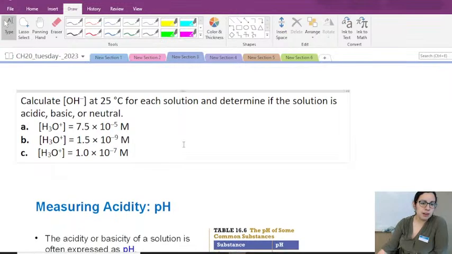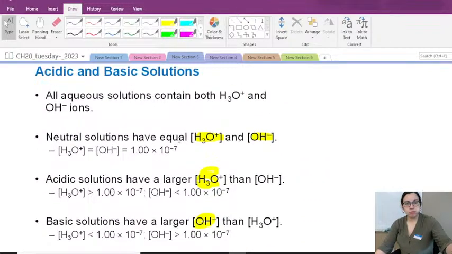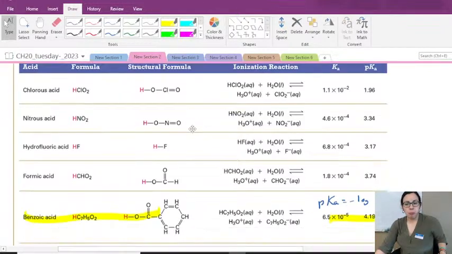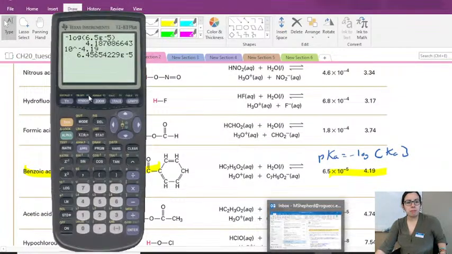Now take a minute or so and figure out whether these solutions are acidic, basic, or neutral, and calculate the hydroxide concentration. Go back to your math on the benzoic acid when you went from the pKa back to the Ka. You just put the pKa number to the power.